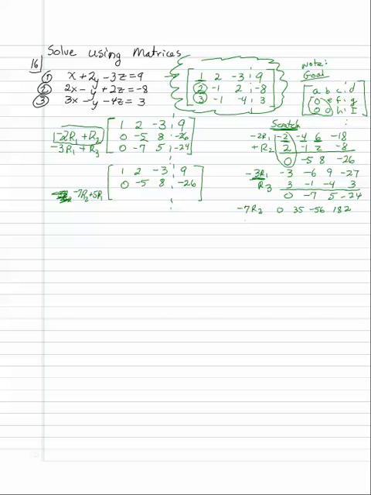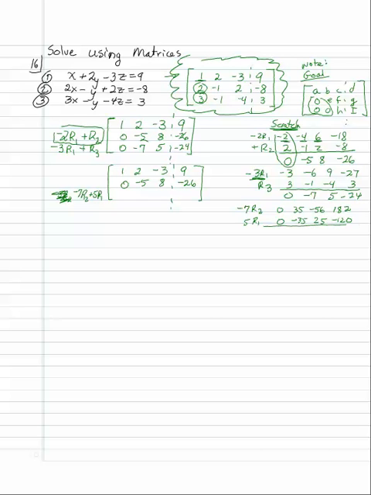Okay, and then I'm going to do 5 row 1. This one I probably would do on scratch because the numbers are a little bit larger. So 0, negative 35, so I'm just multiplying by positive 5. 25, and that's negative 120.